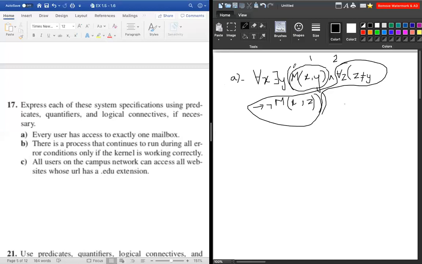The Z not equal to Y represents that there is a user who has access to the mailbox, and that is not more than one user. That is exactly one user.